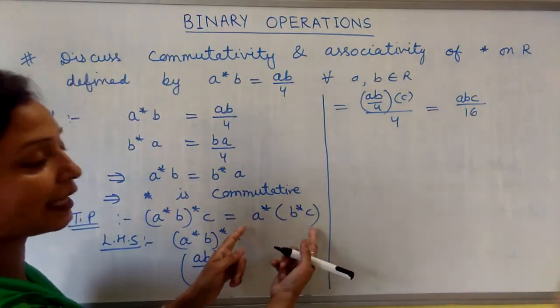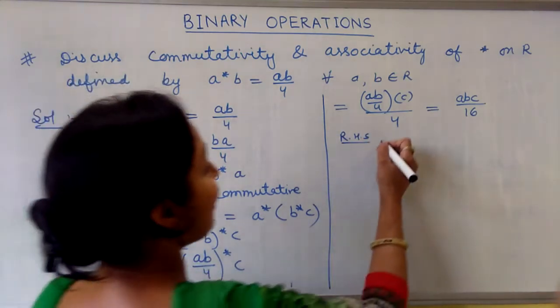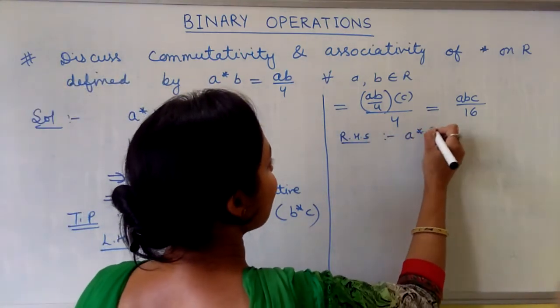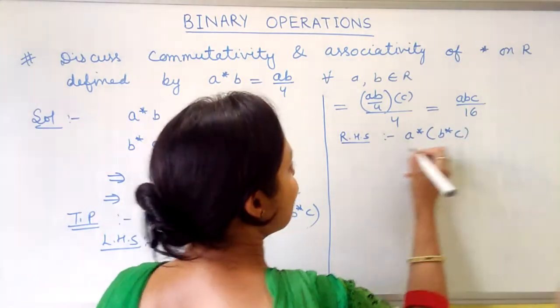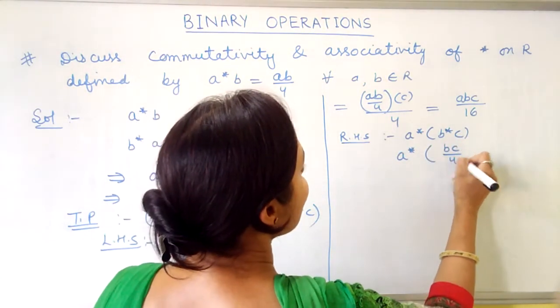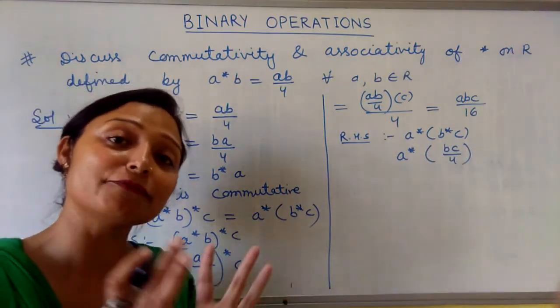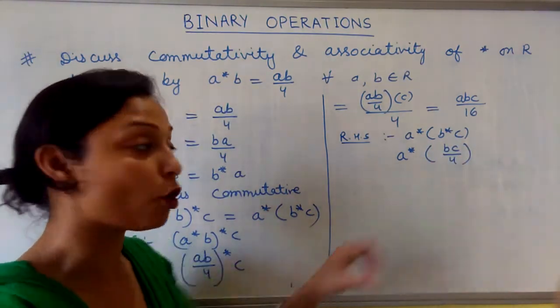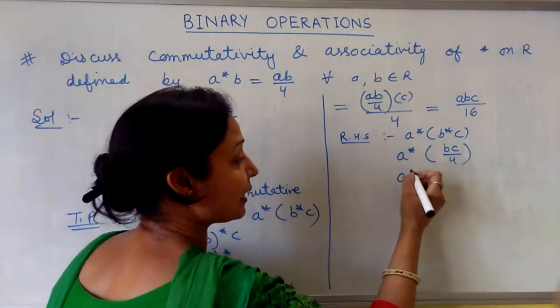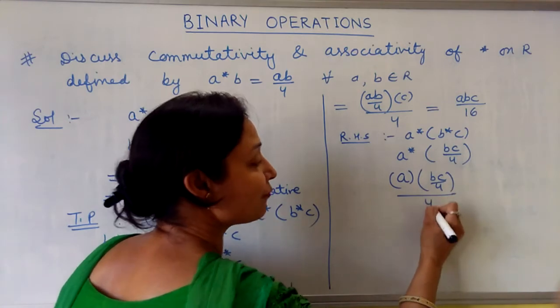Now I will take the right hand side, which is a star (b star c). That is a star bc upon 4. Now the whole term behaves like b. I will apply the formula for this term also: a into bc by 4, divided by 4.